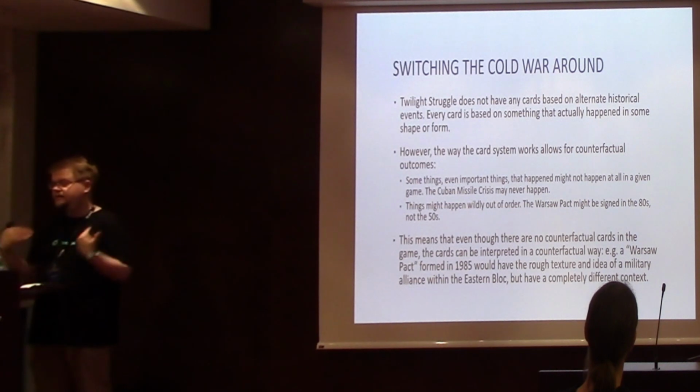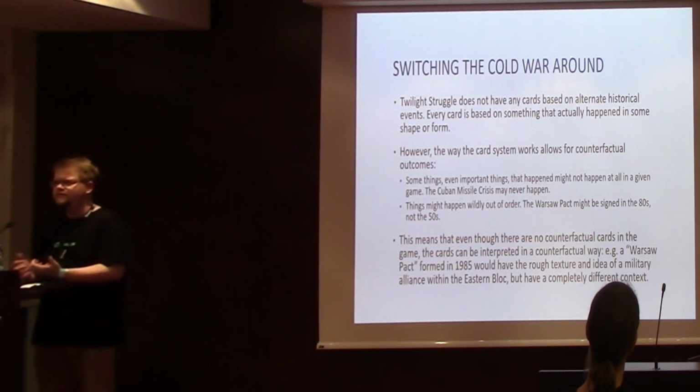Or at least when I'm playing the game, I think that if you're forming the Warsaw Pact in 1985 and not 1955, it's going to be something different than the original Warsaw Pact. Or if you have a card like the Reformer, which represents Gorbachev, but it could also represent any other Soviet leader that is trying to reform the USSR at the end of the Cold War to stop disaster from happening.